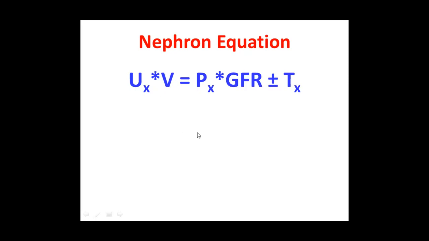So it is dealing with a substance X. Its urinary load is dependent upon the filtered load plus or minus transport. If the transport Tx is equal to and opposite to PxGFR, that is, if Tx is negative and equal to PxGFR, then UxV will be 0, as we see in the case of glucose.